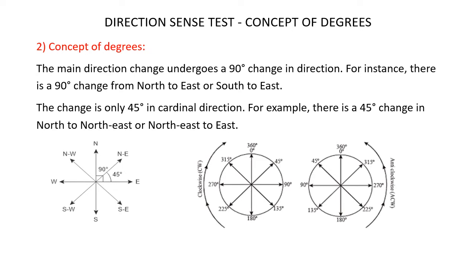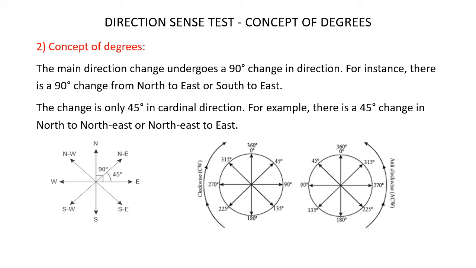So remember that the main direction change undergoes a 90-degree change in direction, whereas the change is only 45 degrees in cardinal directions. Now look at these two diagrams.